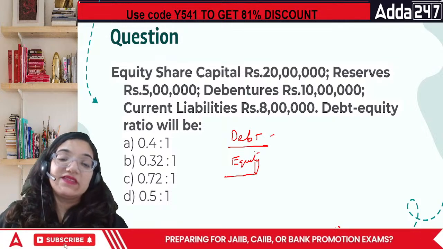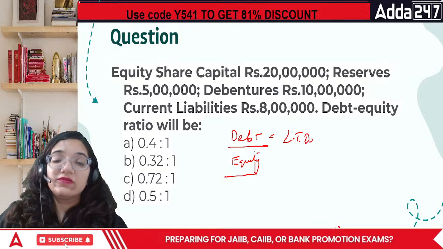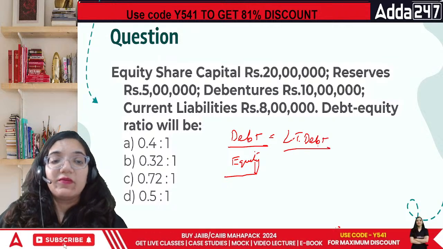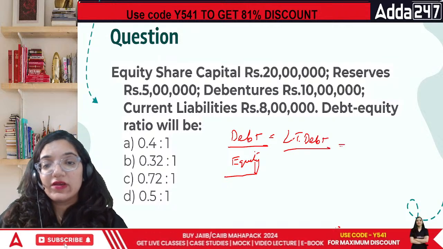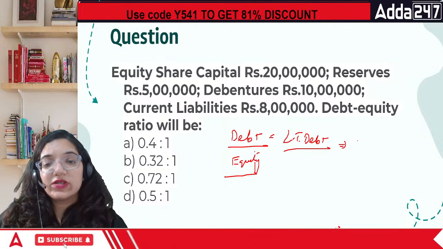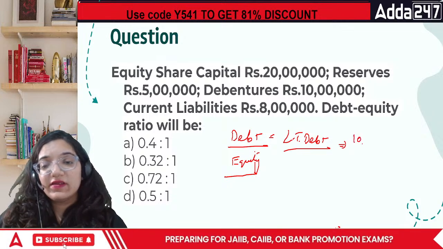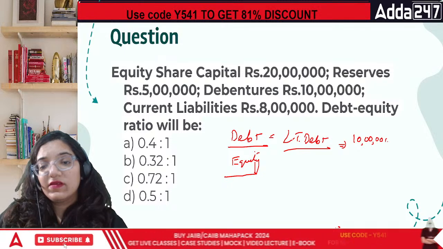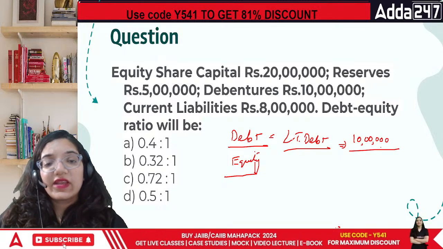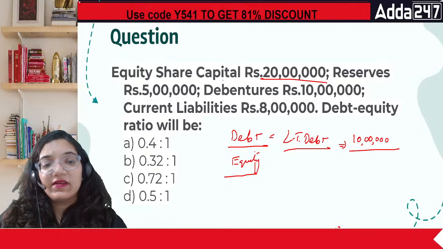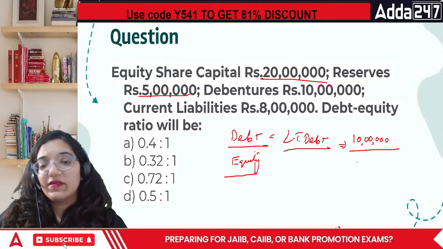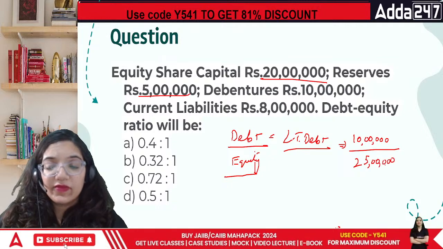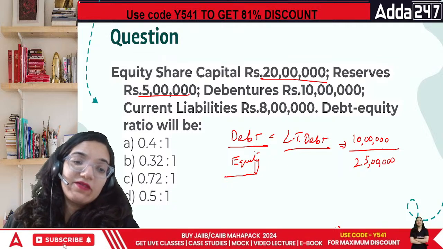What do you mean by this? Debt is only the long-term debt divided by the money that we are putting in. Long-term debt is 10 lakh. Share capital is 20 lakh plus 5 lakh, 25 lakh. 10 lakh divided by 25 lakh.